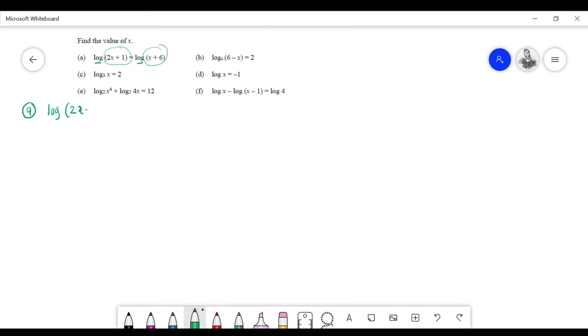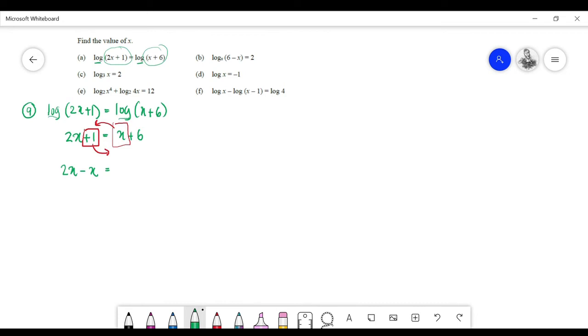So log 2x plus 1 equal to log x plus 6. Now you have the same log with the same base, so write down the argument only. So 2x plus 1 equal to x plus 6. Okay, so now bring this x to the left hand side and positive 1 to the right hand side. So you will have 2x minus x, because x in the right hand side is the positive value.